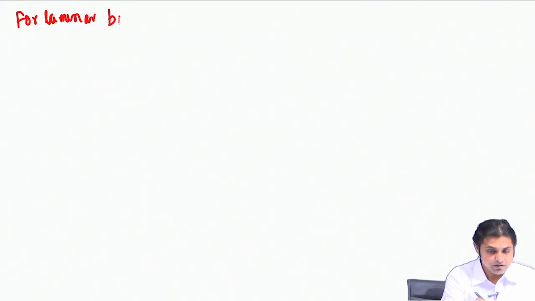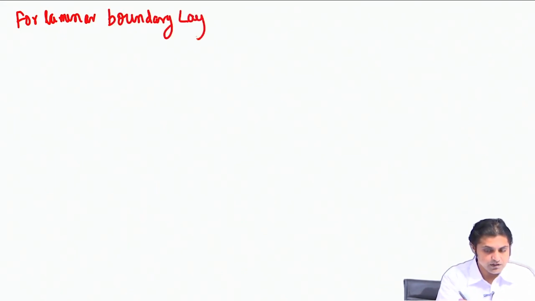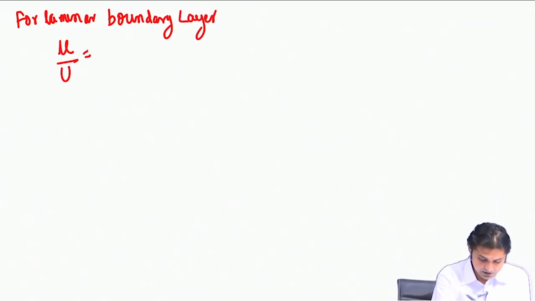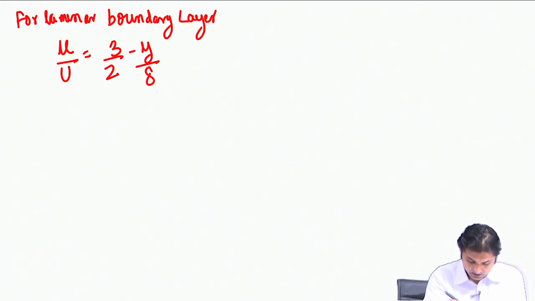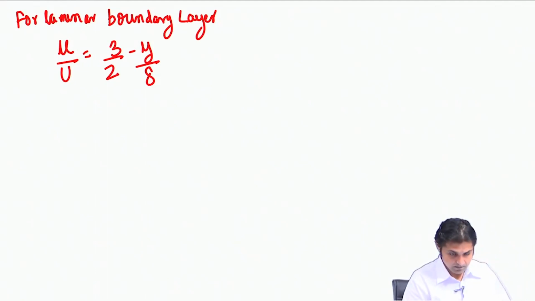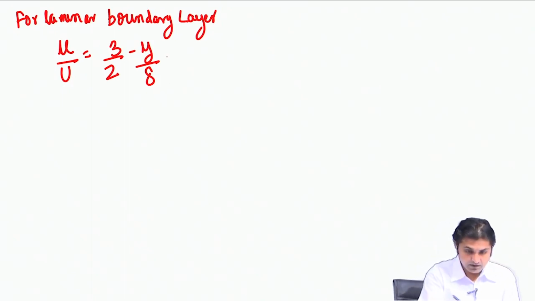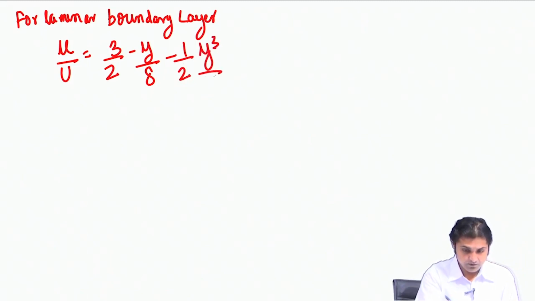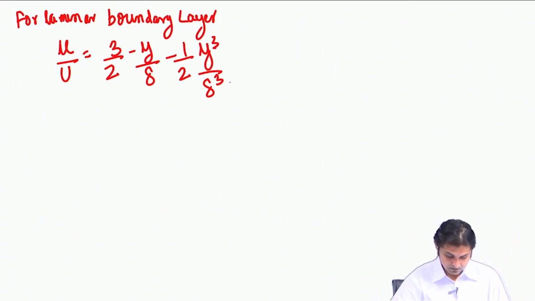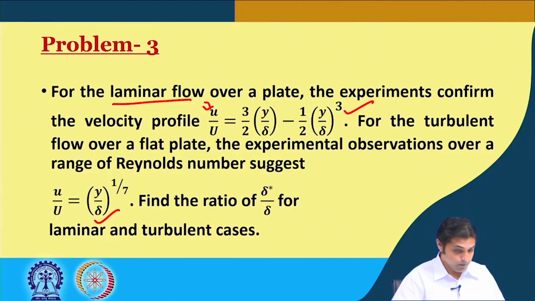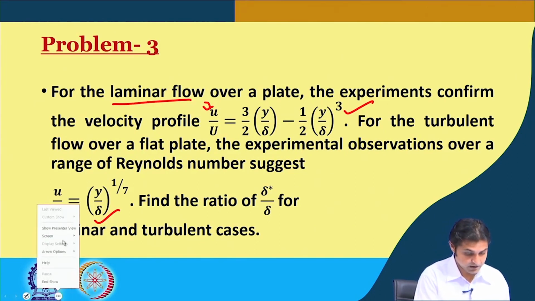For the laminar boundary layer, u by capital U is given as... there is some mistake in my writing.